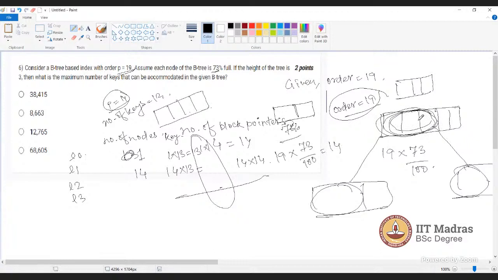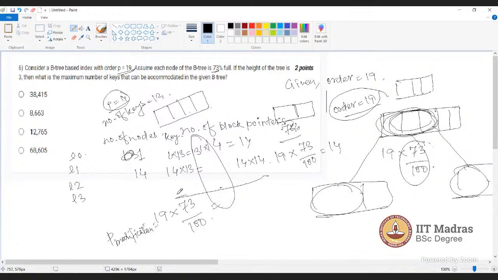Next, the modified order. How to calculate the modified order of that node? This is the way: 19 into 73%. So we basically calculated the total number of nodes, the total area which is full.